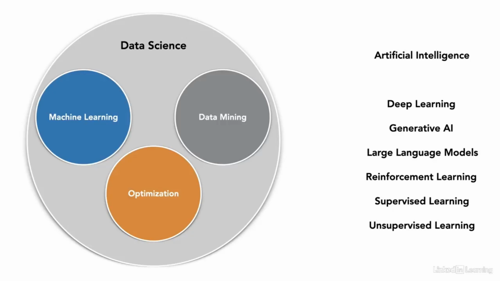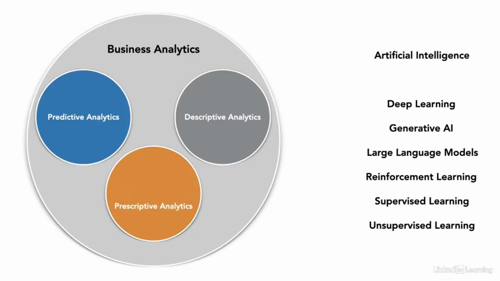While machine learning prioritizes prediction by utilizing known data properties, data mining emphasizes uncovering previously unknown patterns in data. In the field of business analytics, the traditional understanding of machine learning is often referred to as predictive analytics, data mining as descriptive analytics, and optimization as prescriptive analytics.